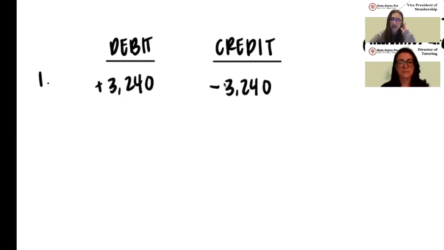They had it on this side, and so we have to subtract it from this side and move it over here and add it on the side that it should have been on. So that's going to be the answer for number 1.